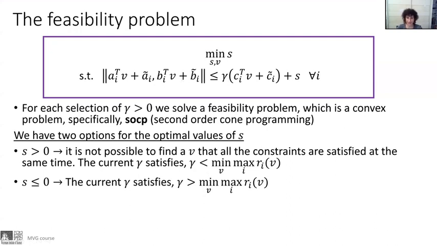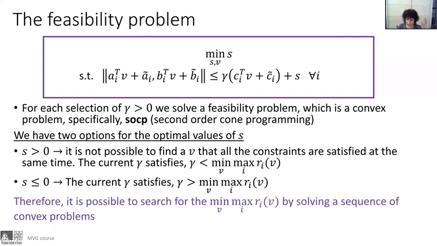So I have some condition, for a fixed gamma, to know whether the cones that I showed before are intersecting or not. This is the idea. Now, it's possible to search for the minimum value for what we call the required gamma by solving a sequence of convex problems.